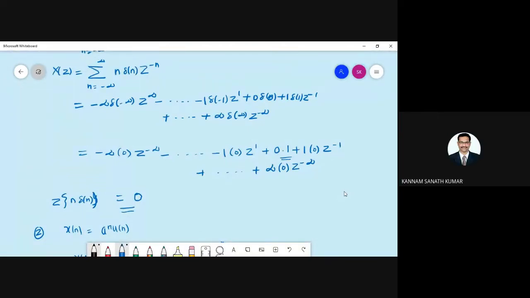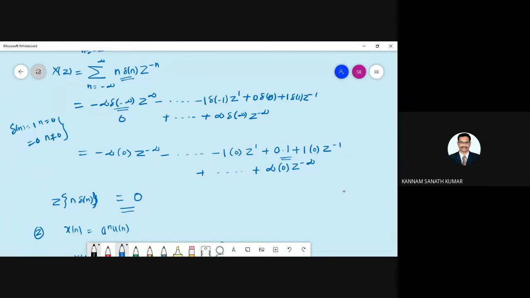So here, what happens? Minus infinity into, so what is del of n? Del of n equal to 1, it is defined only at n equal to 0, and 0 for n not equal to 0. Okay. So that means what is our function n into del of n now? So minus infinity into del of minus infinity. So that means this becomes 0 times infinity, and 0 into something may be infinity.